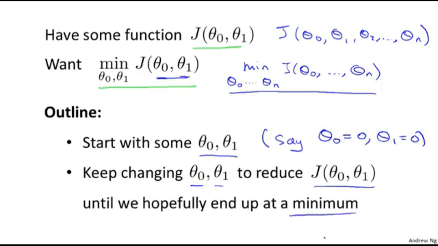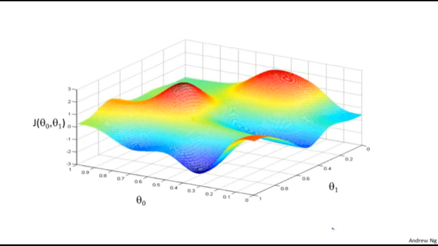So let's see in pictures what gradient descent does. Let's say you're trying to minimize this function. Notice the axes: theta 0, theta 1 on the horizontal axes, and J is the vertical axis. The height of the surface shows J, and we want to minimize this function. So we're going to start off with theta 0, theta 1 at some point.